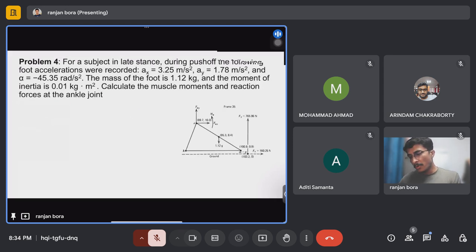Okay, there is one more problem. In this problem, first you read the problem.